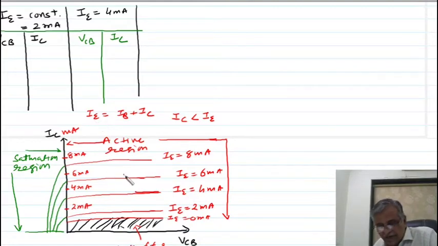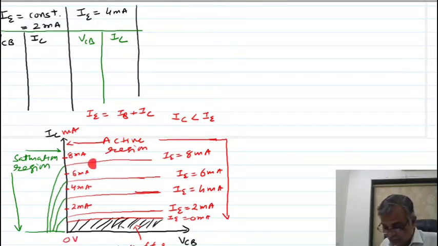So this graph indicates the output current for common base configuration is always less than the input emitter current. As a result, the current gain alpha is always less than 1.